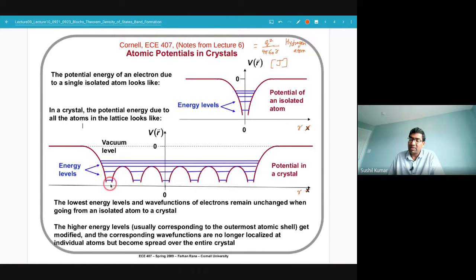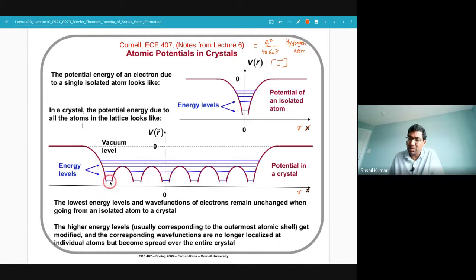So when you put those atoms periodically, with the periodicity of the lattice, this is what V(r) might look like. And these blue lines are the energy states once you solve them. You have to realize what's being drawn, because sometimes it can be confusing.